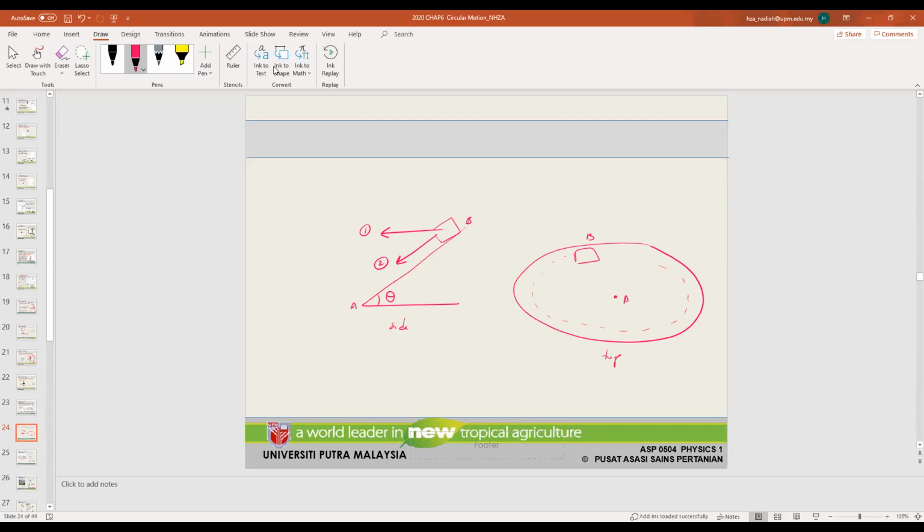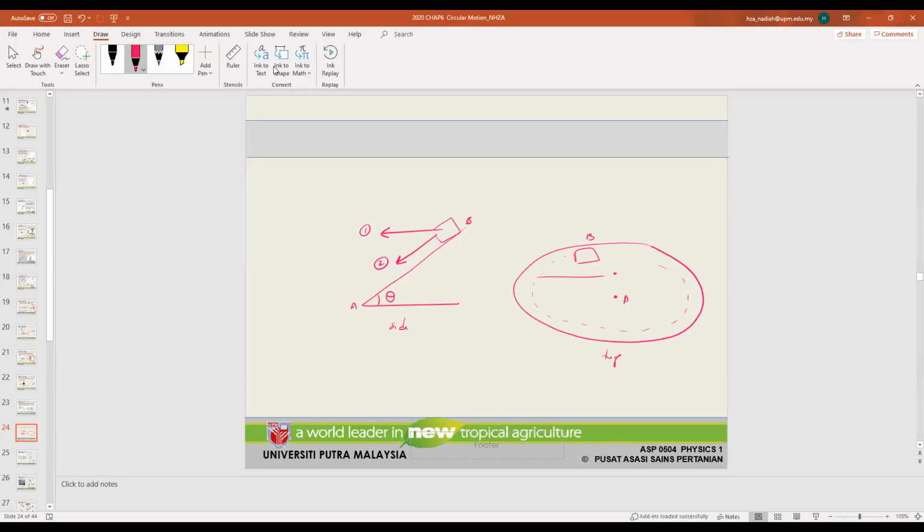Okay. Ada jawapan lain lagi tak? Where do you calculate your radius? Where do you determine your radius? Number 1. Dua. So you have a circular motion. Where is your radius? Atas ke bawah? Atas.